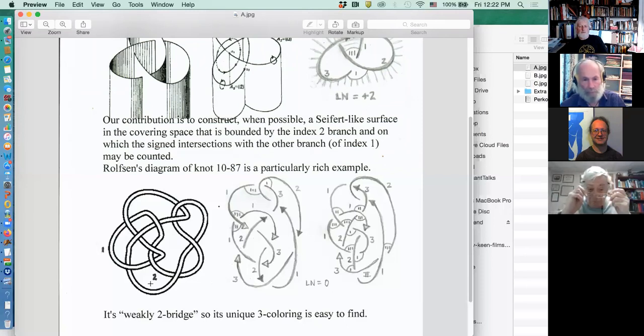So if you have a three-color diagram with one of these surfaces, you can reverse any one or more monochromatic crossings, and you'll get a different knot or link, but with the same linking number between branch curves.